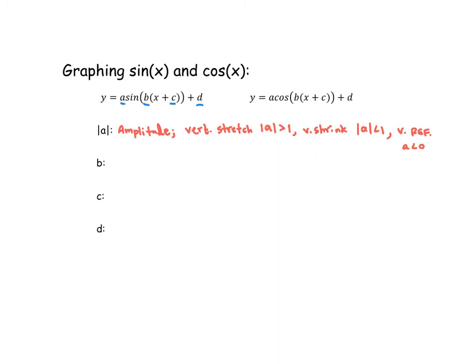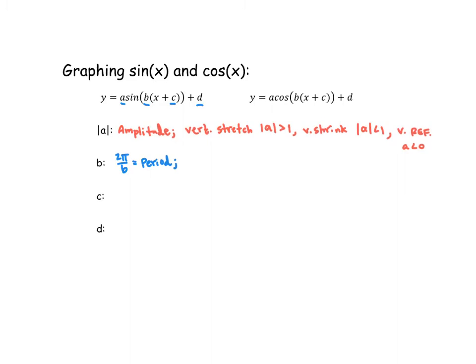All right. B. B is related to the period or cycle of the function. The expression 2 pi over B gives us the period. Because 2 pi is a typical period length for a non-horizontally stretched sine or cosine function, 2 pi over B gives us that new period.